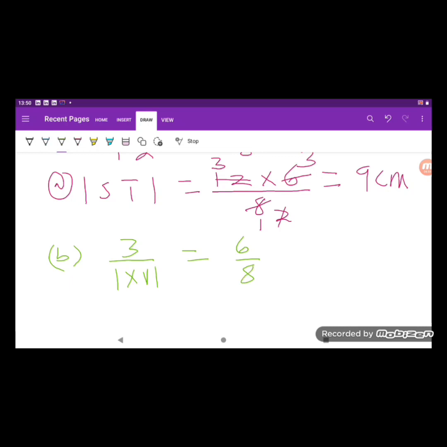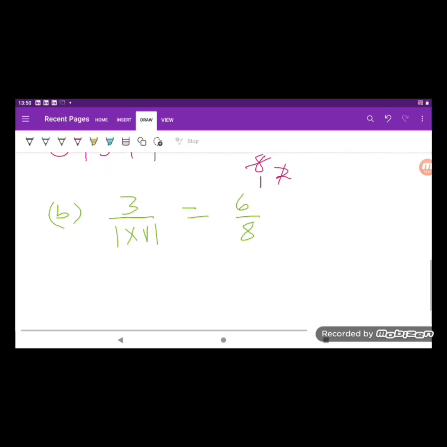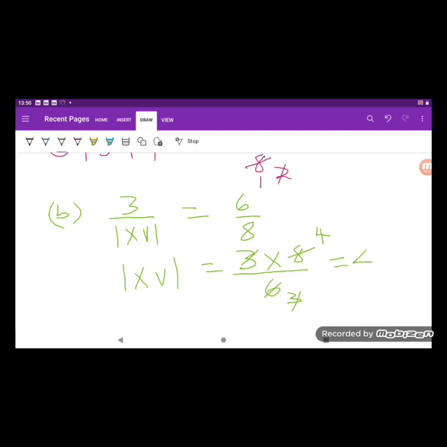Good. So what do we have? If you cross multiply, you'll get XV equals 3 times 8 divided by 6. If I cut very well, I'll be getting 2 here is 4 and 2 here is what? 3. So 3 will take care of 3, so we're having 4 centimeters.